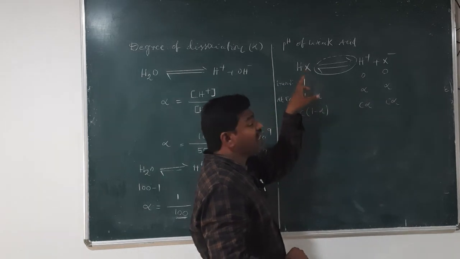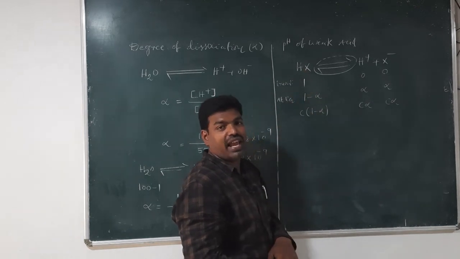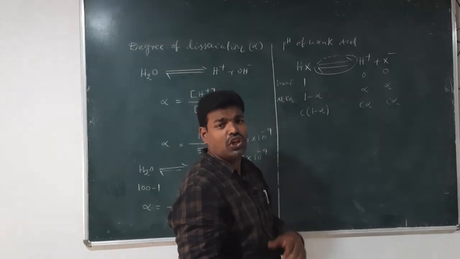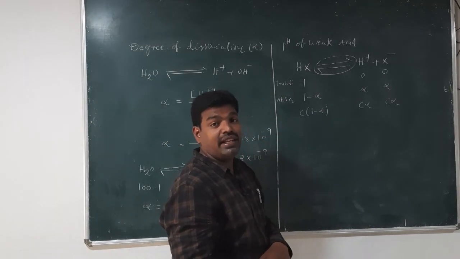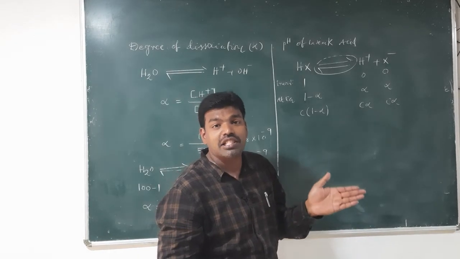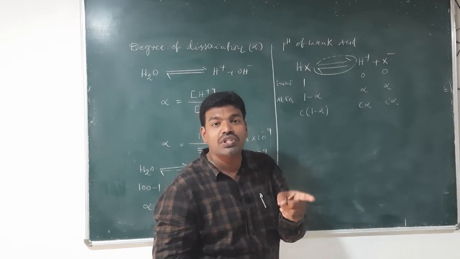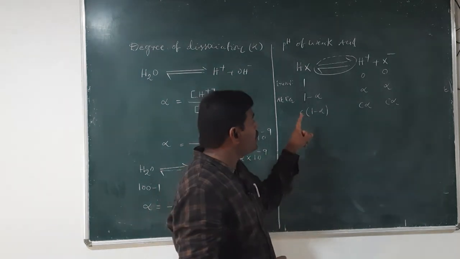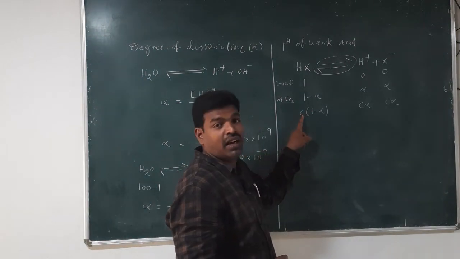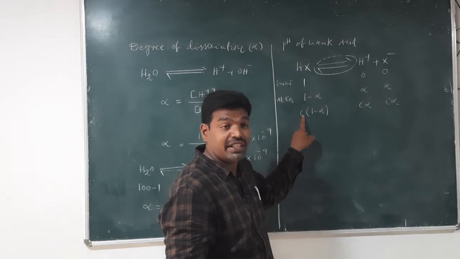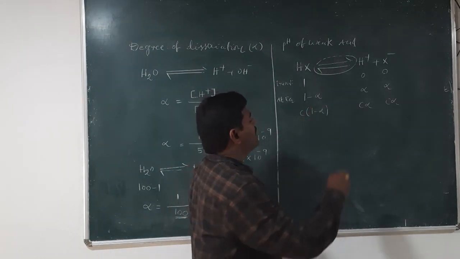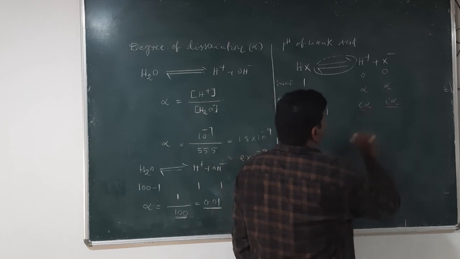Since an acid is a solution, and in chemistry it is customary to quantify solutions in concentrations, we multiply this value with the concentration term C, giving C into 1 minus alpha, C alpha, C alpha.